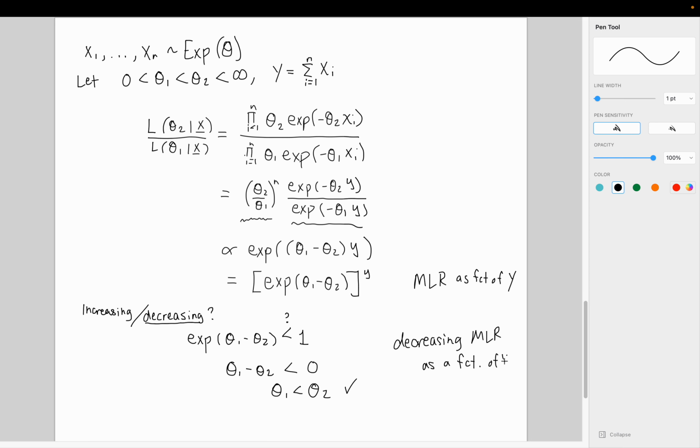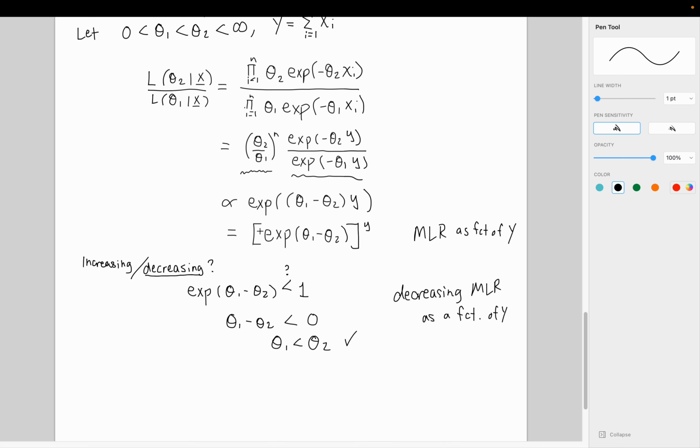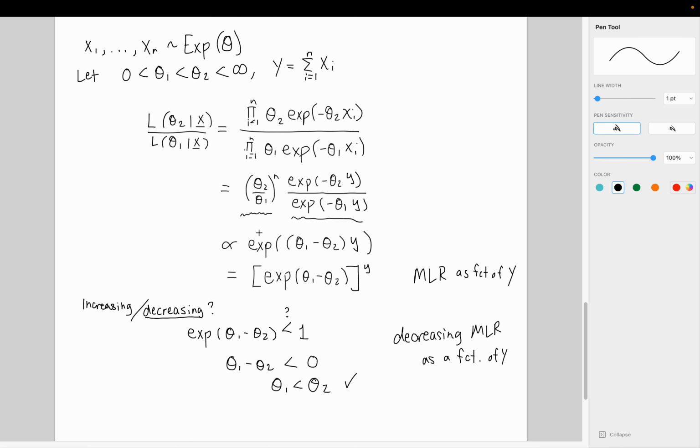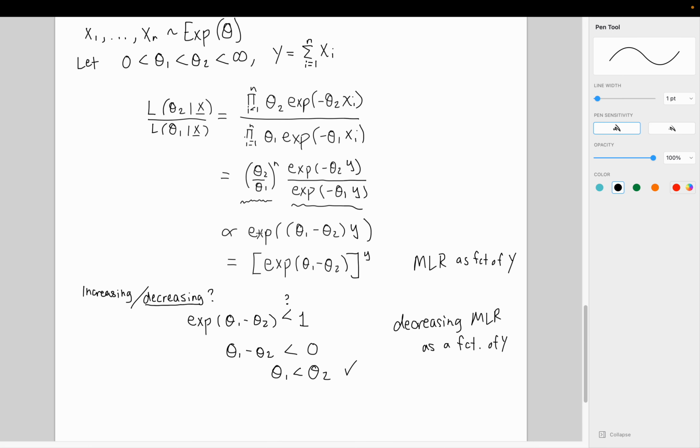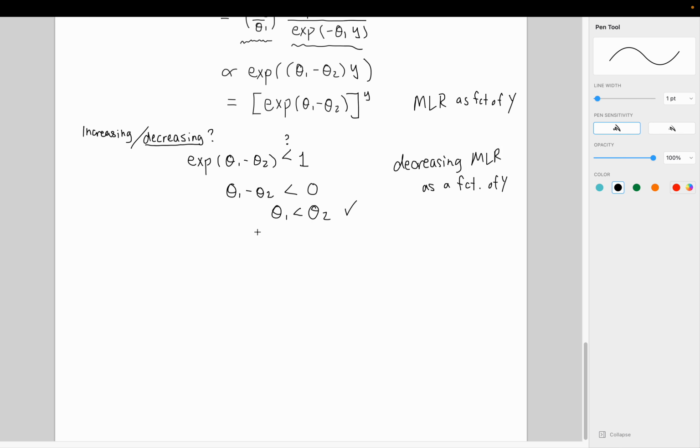Now, this is great for us, but one of the things I want to note is that we could have just as easily set this problem up another way. It's one of the interesting things about monotone likelihood ratios. So what if instead I had a statistic, and I'm going to let t equal negative y.